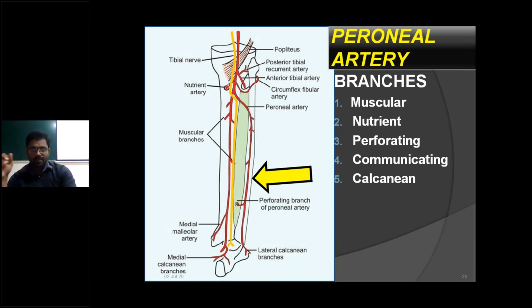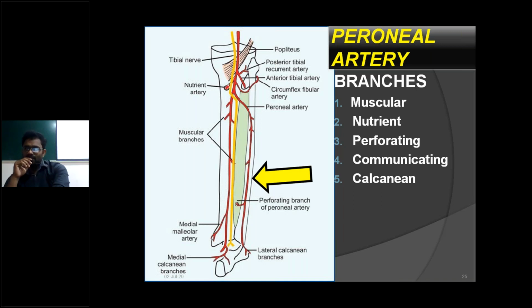So five types of branches arise from the peroneal artery: muscular branches, nutrient artery supplying the fibula, perforating branches, communicating branch, and calcaneal branch. Right? In this picture, the arrow shows the peroneal artery.